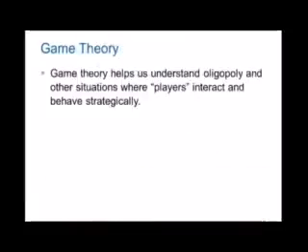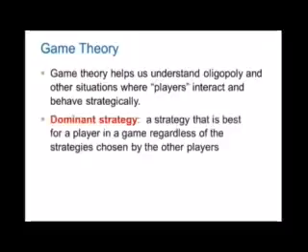So game theory here, which is basically the study of equilibrium, or one of the equilibria we talked about, Nash equilibrium, helps us understand oligopoly and situations where players interact and behave strategically. A dominant strategy is the best strategy for the player, no matter what the other person chooses to do.